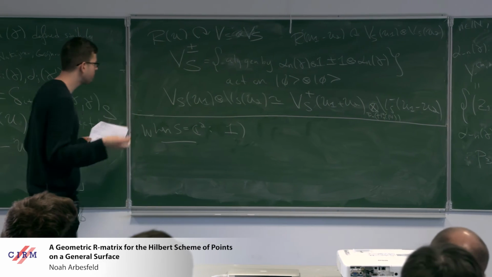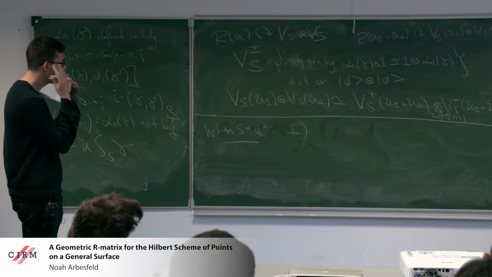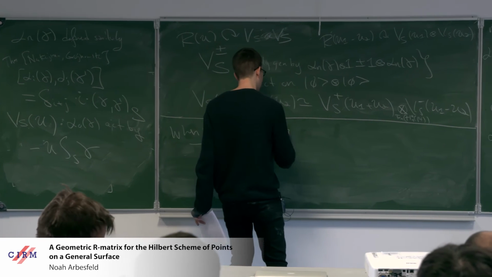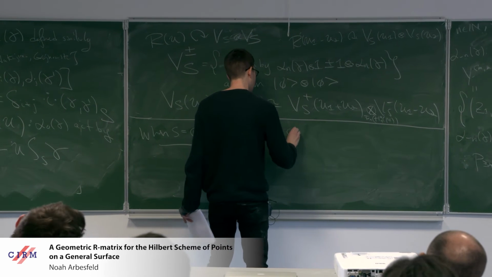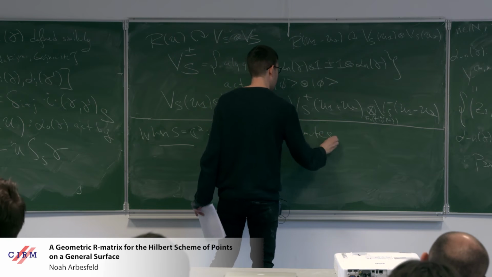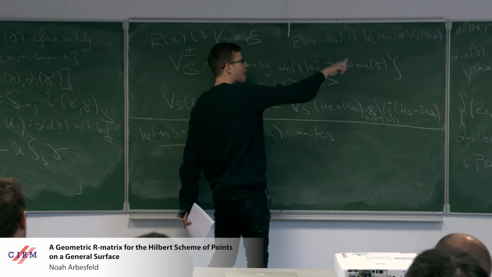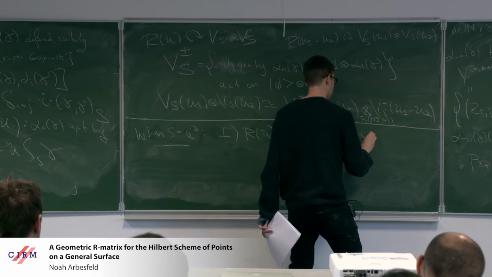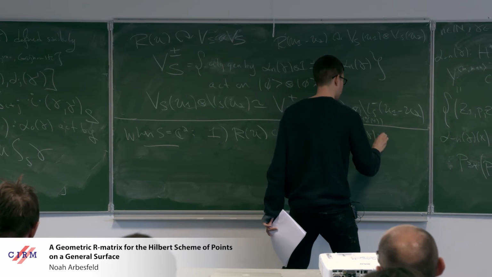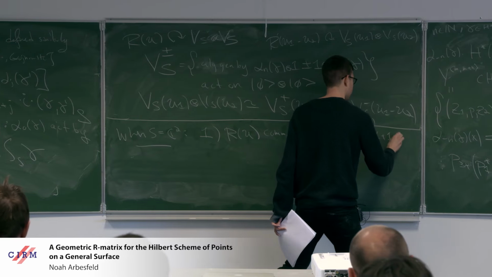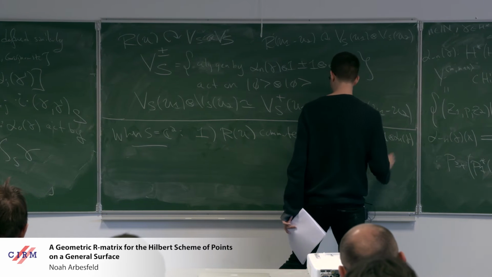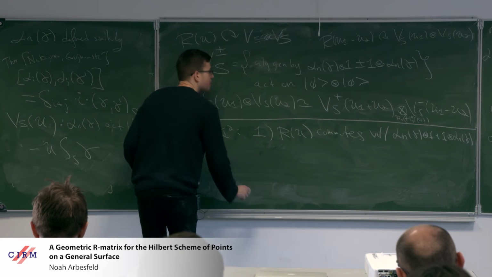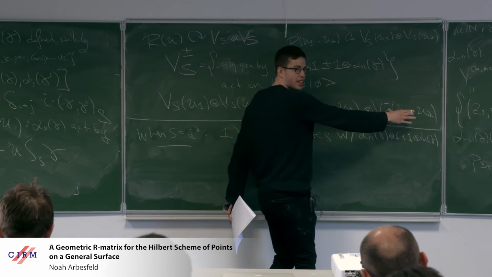Okay, so the first thing, using some general properties of R matrices, one can show that R_u commutes with half of these operators, that is those with a plus. So that tells us that R has to act only in this second factor.